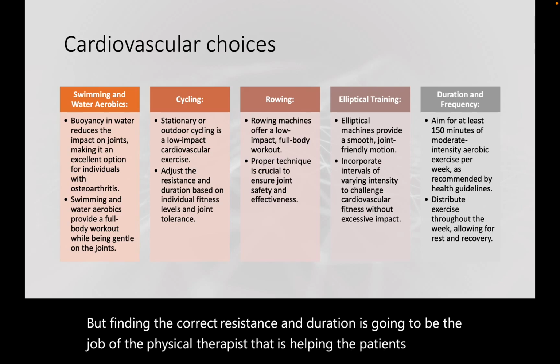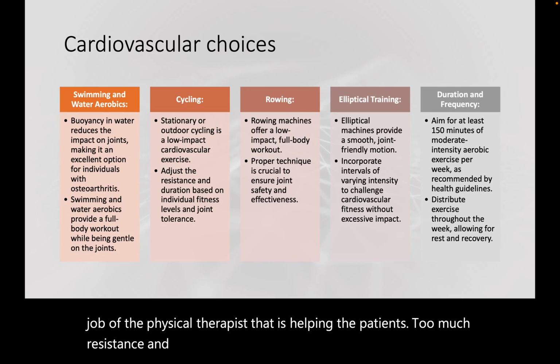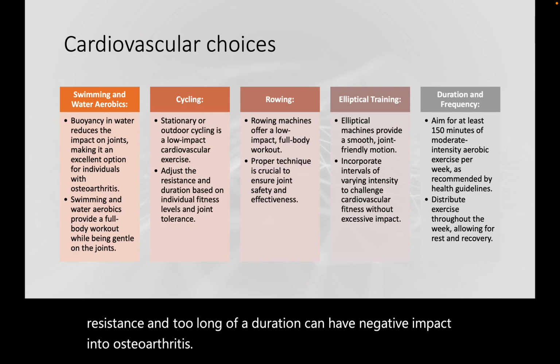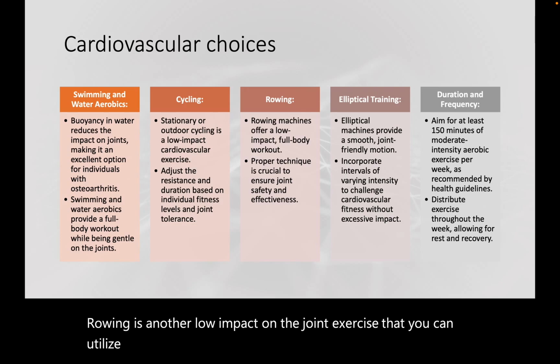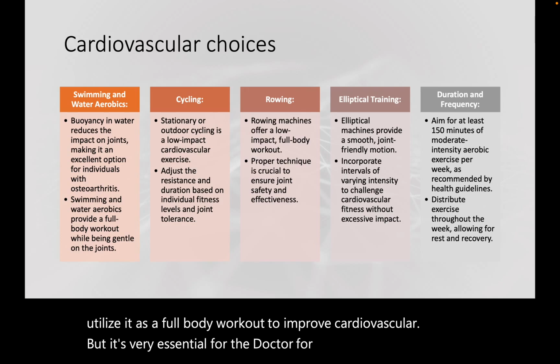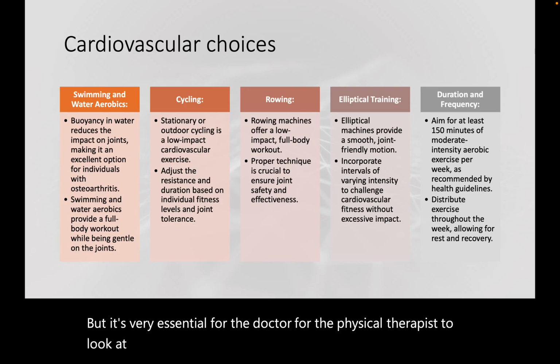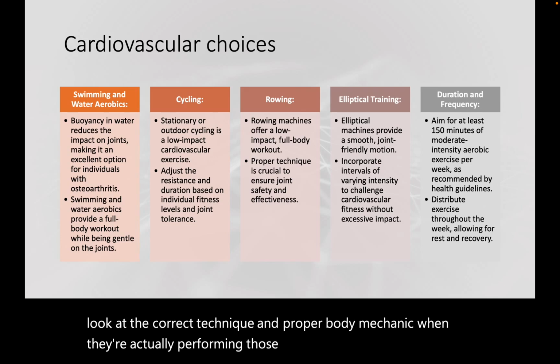Too much resistance and too long of a duration can have a negative impact on osteoarthritis. Rowing is another low impact exercise that you can utilize as a full body workout to improve cardiovascular fitness. But it's very essential for the physical therapist to look at the correct technique and proper body mechanics when patients are performing those types of activities.